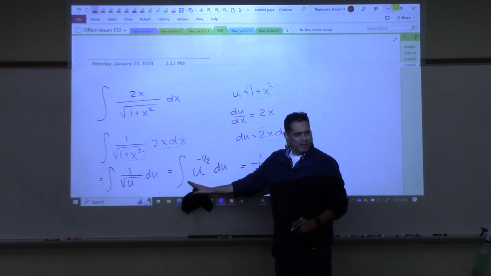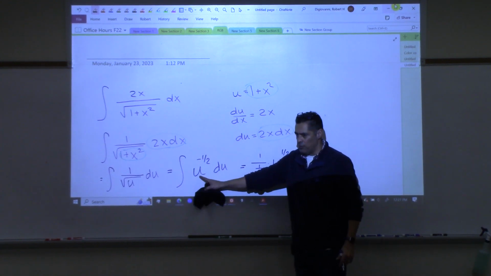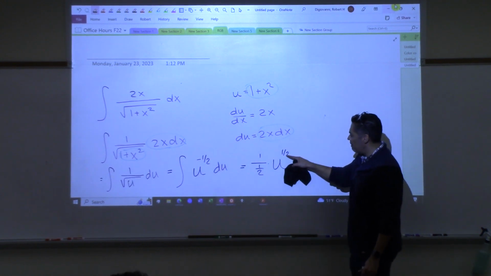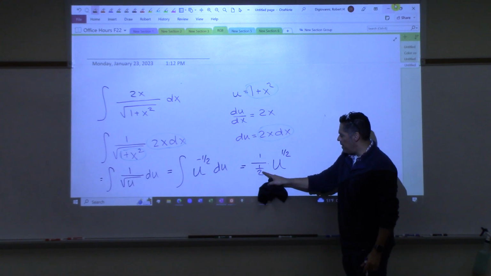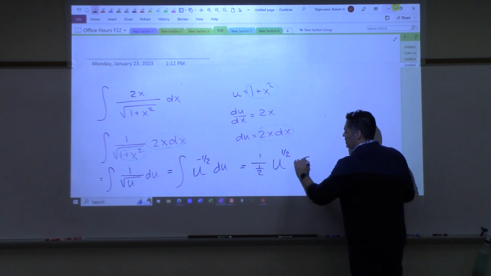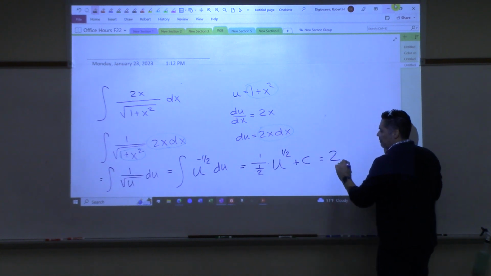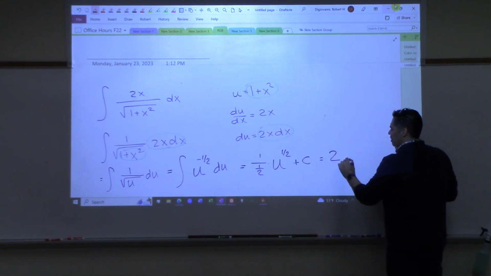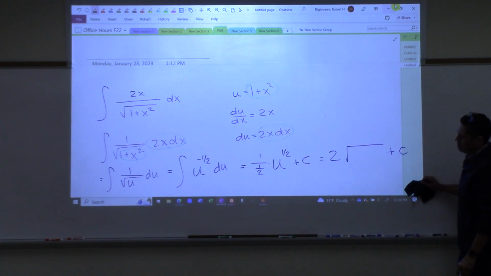You all comfortable with that? I'm using that x to the n rule, except instead of x, we have u. So I'm adding 1 to the power, doing 1 over n plus 1 down here, plus c. 1 over a half is 2. This really means square root of what?